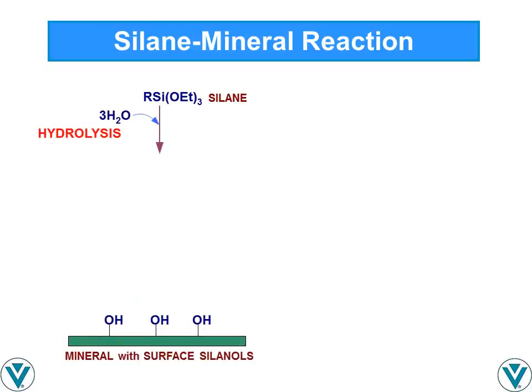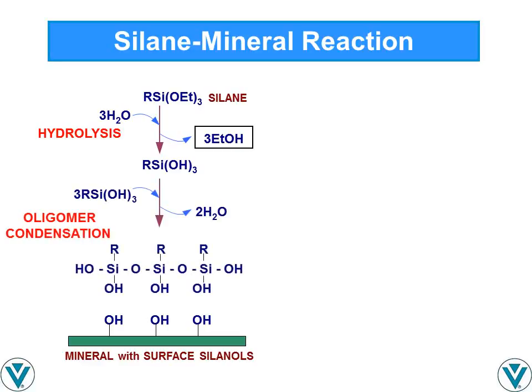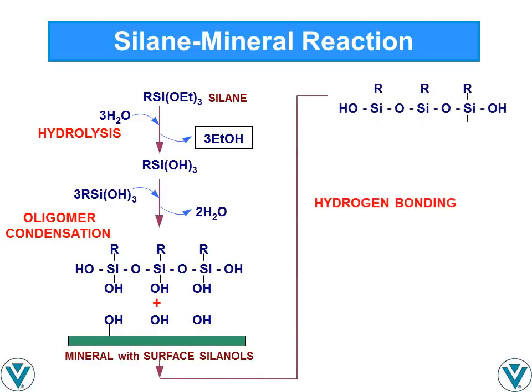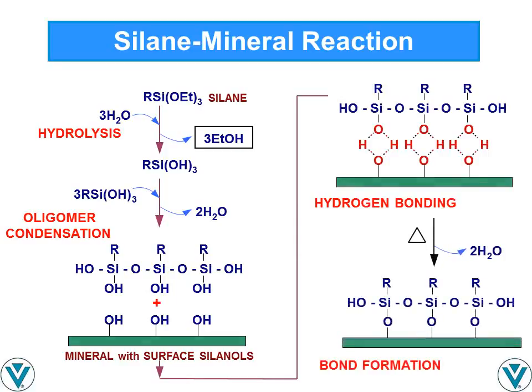The hydrolysis of an alkoxysilane forms silane triol and alcohol. The silane triol slowly condenses to form oligomers and siloxane polymers. The silanol groups of the hydrolyzed silane initially hydrogen bond with the silanol groups on the mineral surface. As the reaction proceeds, water is lost and a covalent bond is formed.